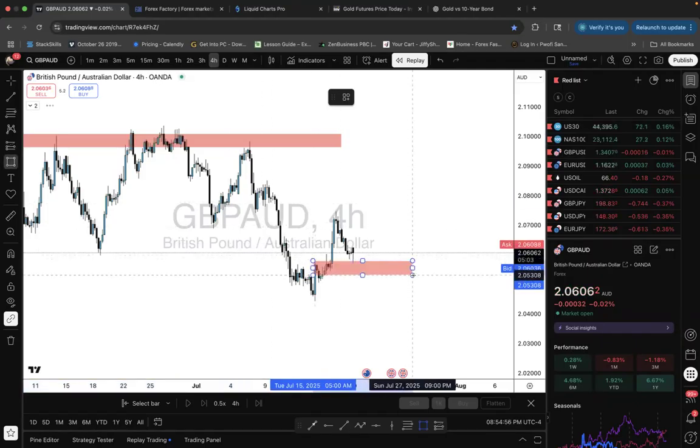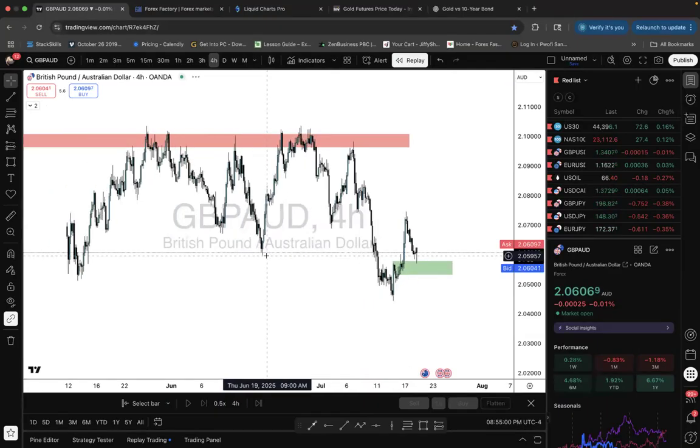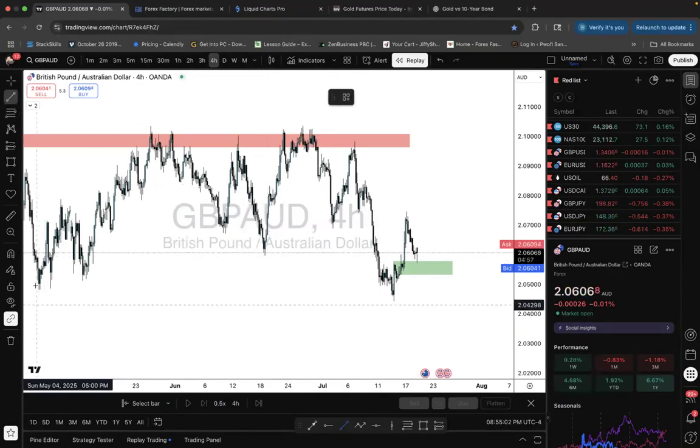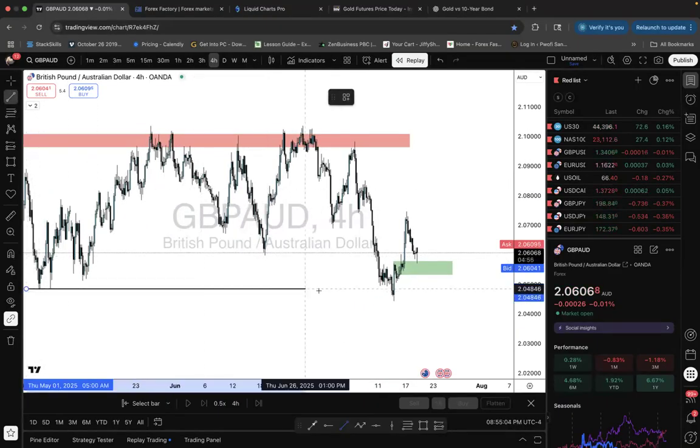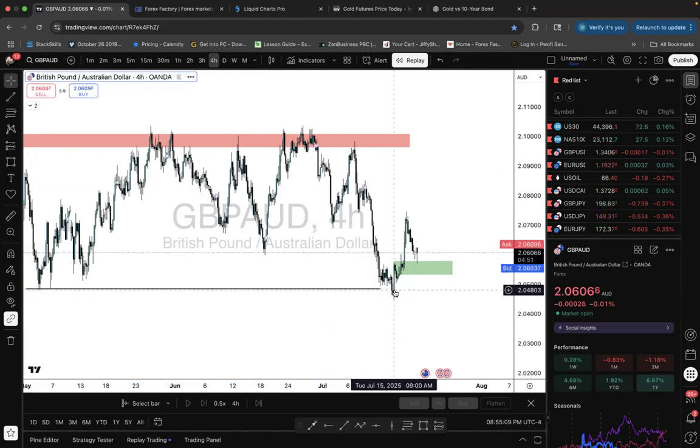This pair looks like they made it to the demand. And now they're giving us the classic 4 hour structure internal buy back to the supply.